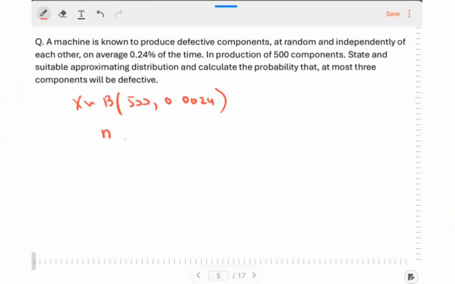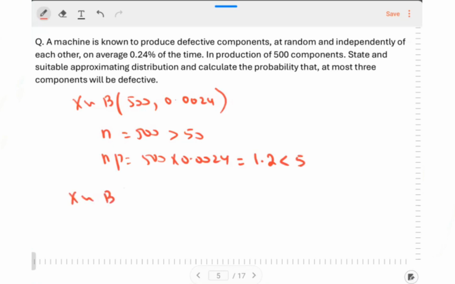So n is 500, which is greater than 50. np is 500 into 0.0024, which is 1.2, which is less than 5. So x, which is a binomial distribution, 500 comma 0.0024, can approximately be converted to Poisson distribution with lambda 1.2.